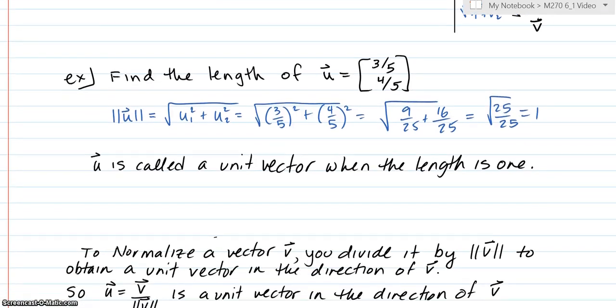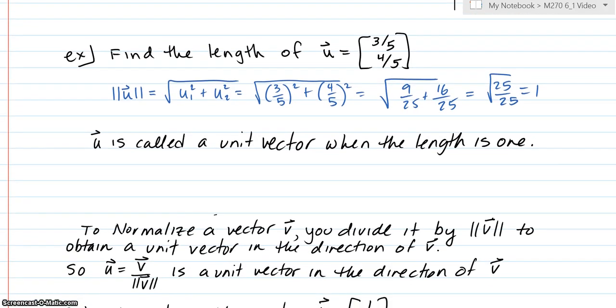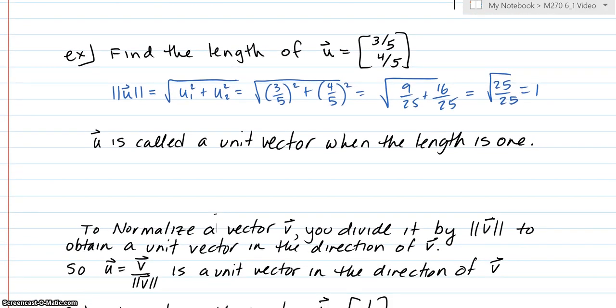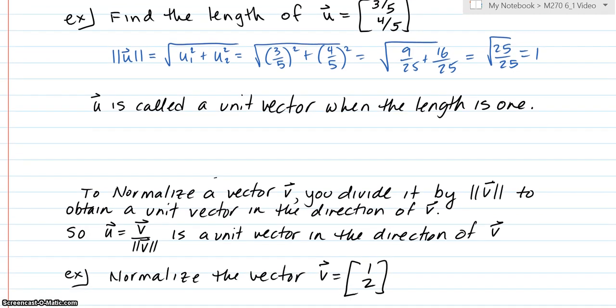You can make any vector of length 1, and they call that normalizing. So let's look at the next example and read here. To normalize a vector v, you divide it by the length of v to obtain a unit vector in the direction of v.